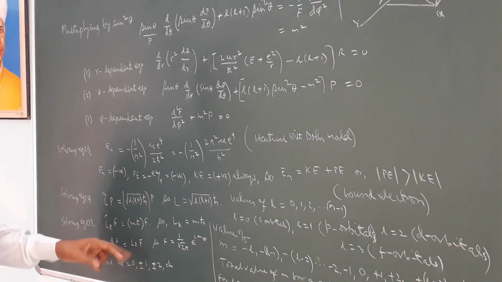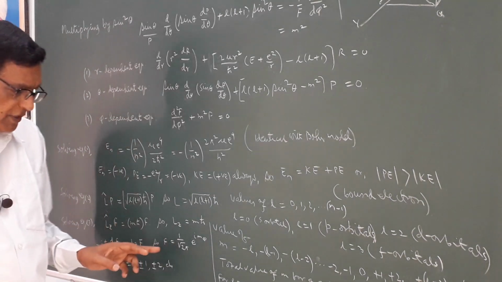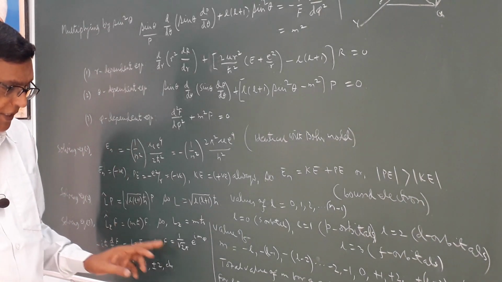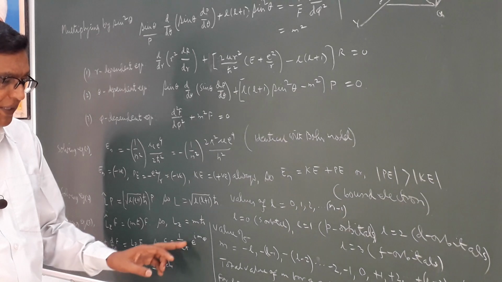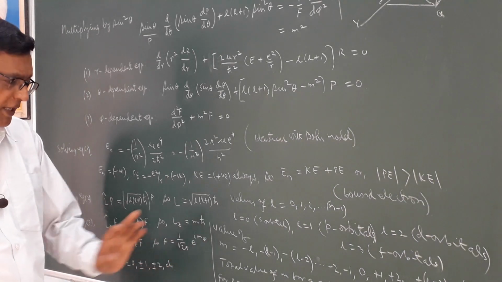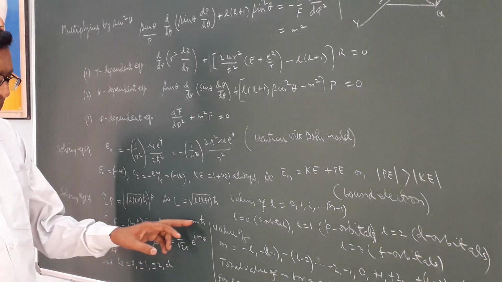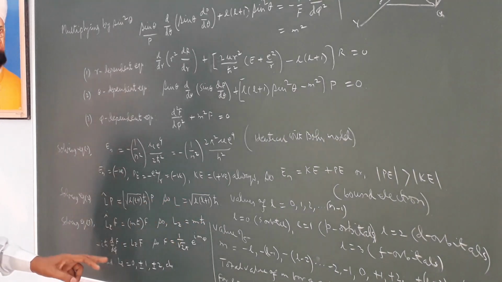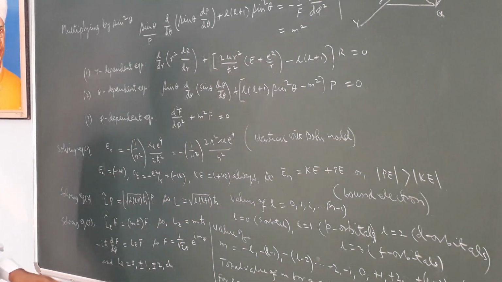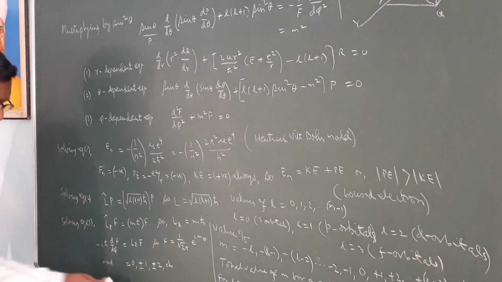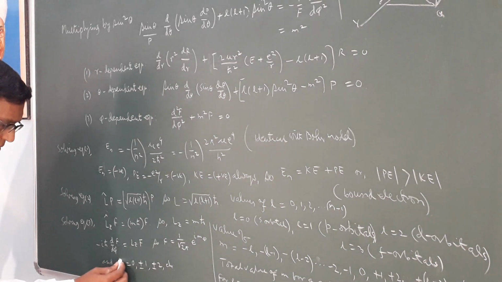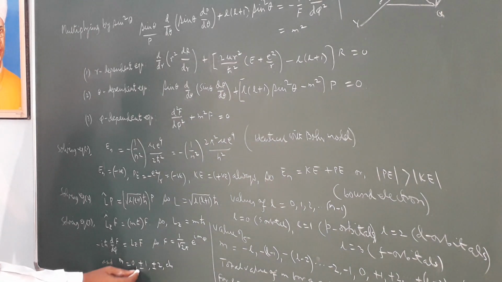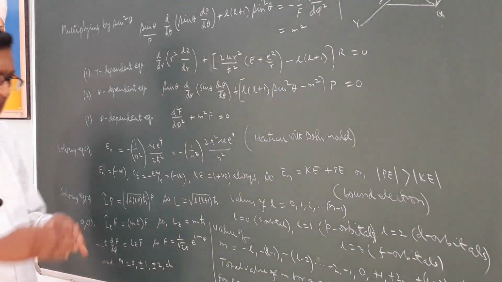This is the magnitude, and when this eigenvalue equation is solved, we shall get the expression of phi equal to 1 by root over 2 pi into e to the power i m phi, and Lz equal to m h cross, m having the value equal to 0, plus minus 1, plus minus 2, plus minus 3, etc.